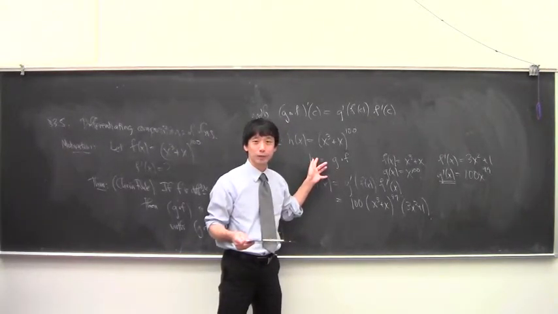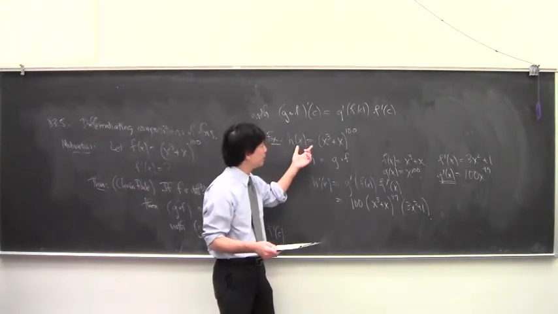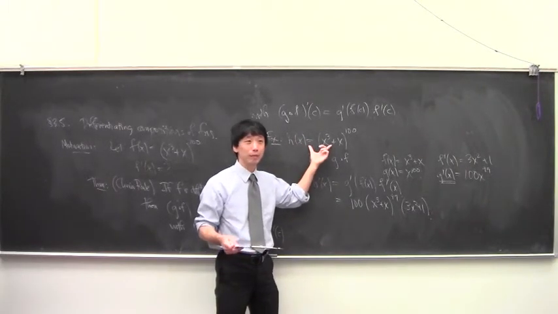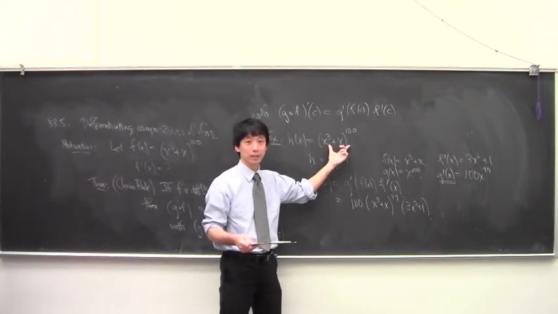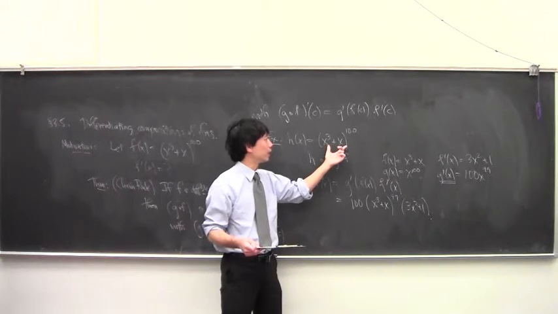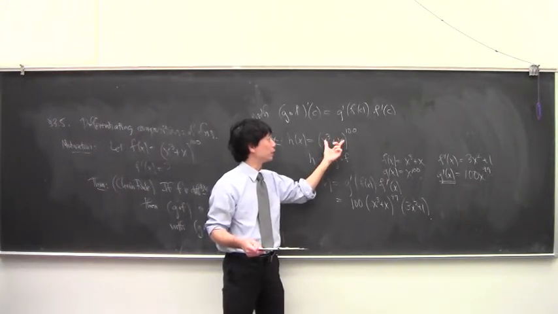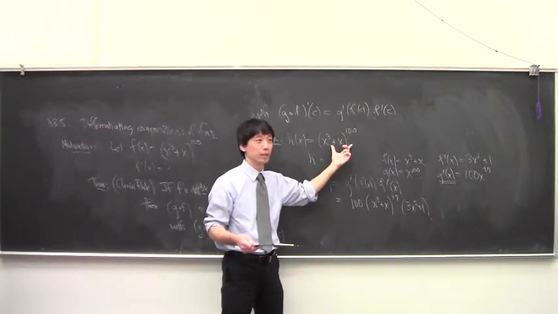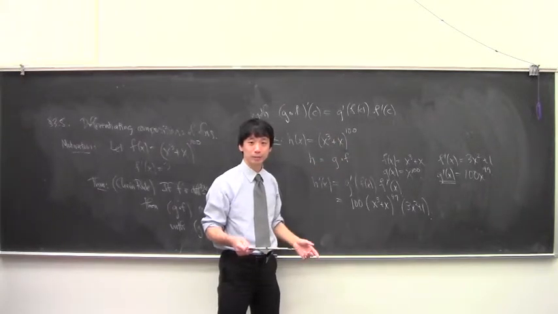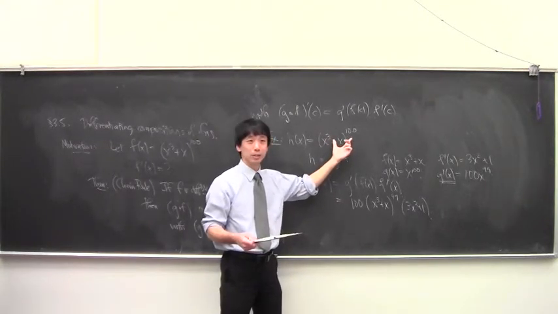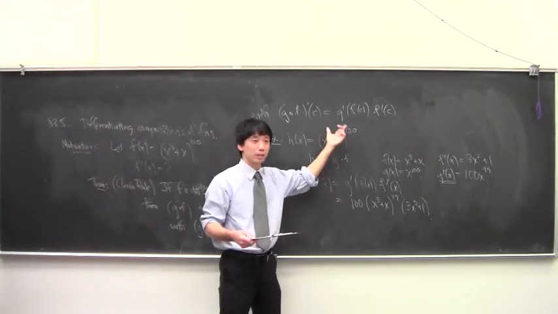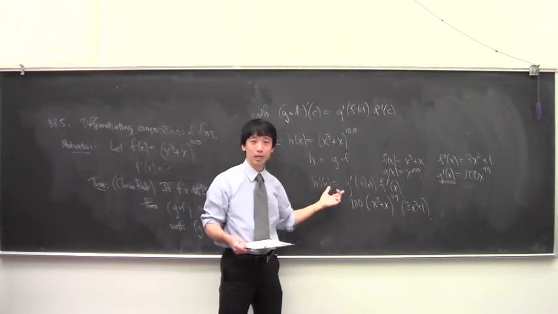Particularly people who haven't seen the derivative of a composition before. You have this function. Half of the game is recognizing this as a composition. You say, I can express this as one function going into another function. That's half of the game. And once you recognize it as a composition, then you just apply the rule.